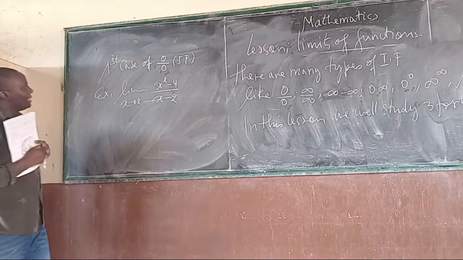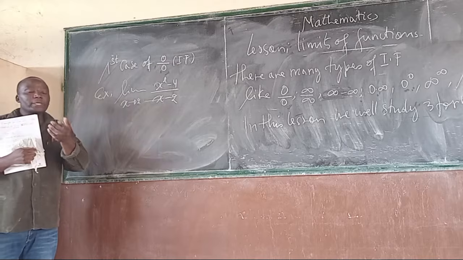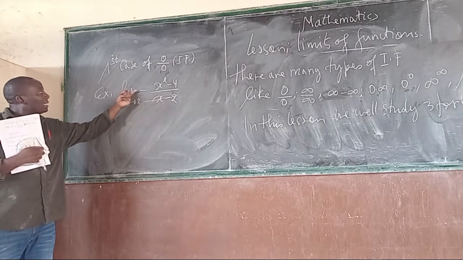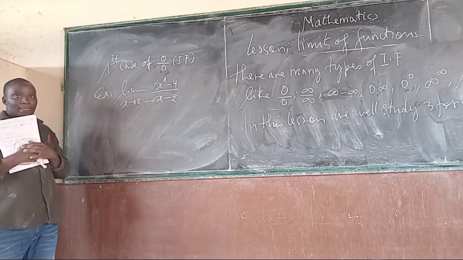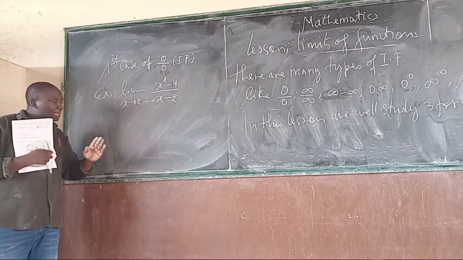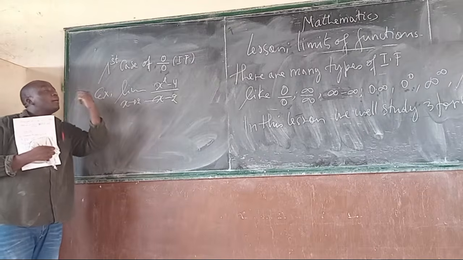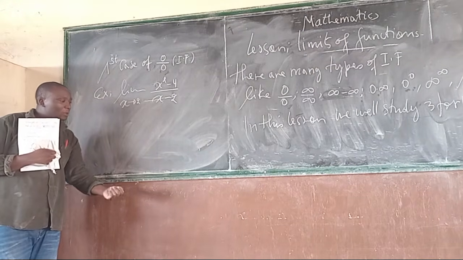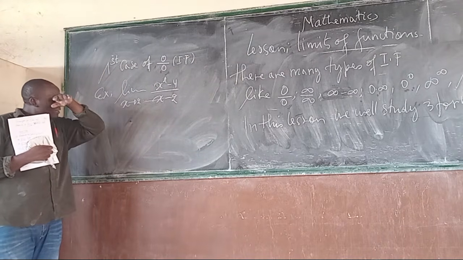Teachers, follow me here. Suppose you are in your national examination and you meet a question like that one. How do you make it clear? The first technique for limit, as you know, is that the limit of a function is like the maximum value of your given function.